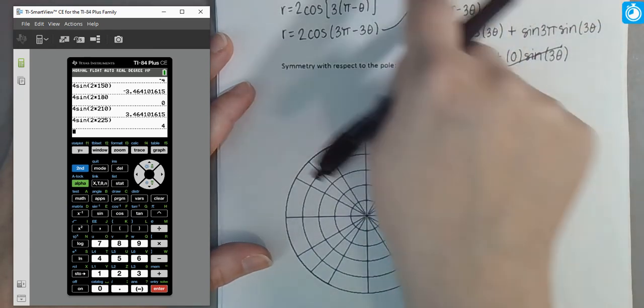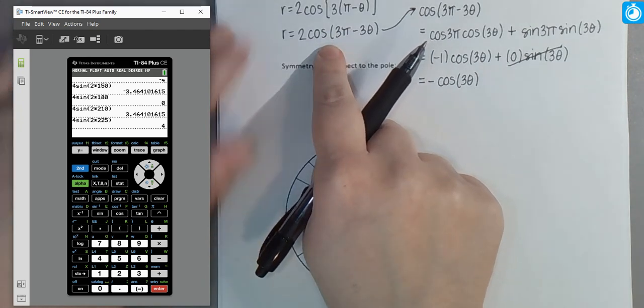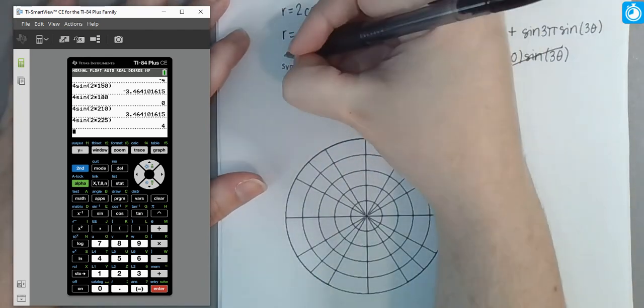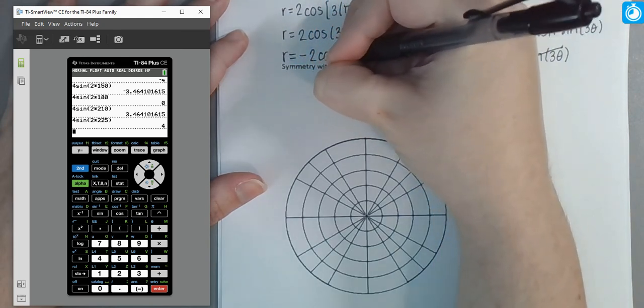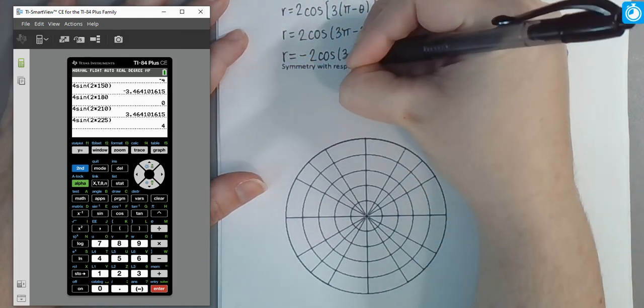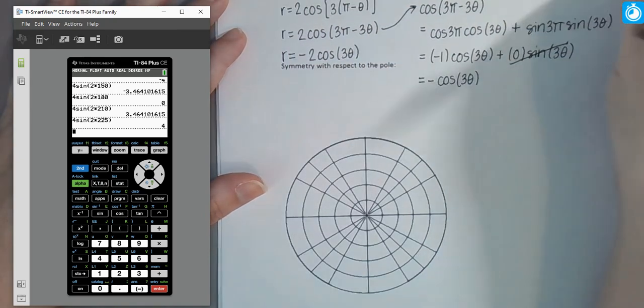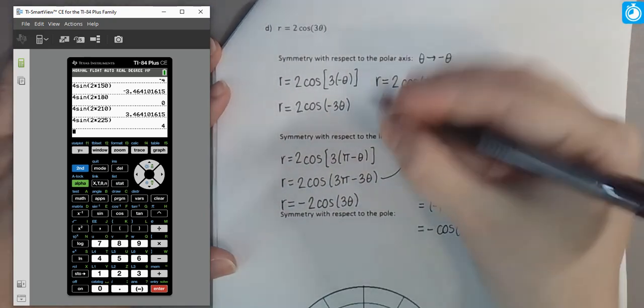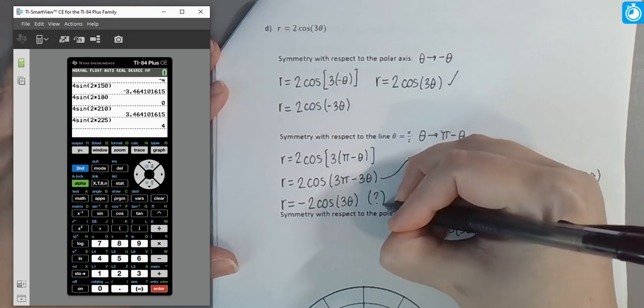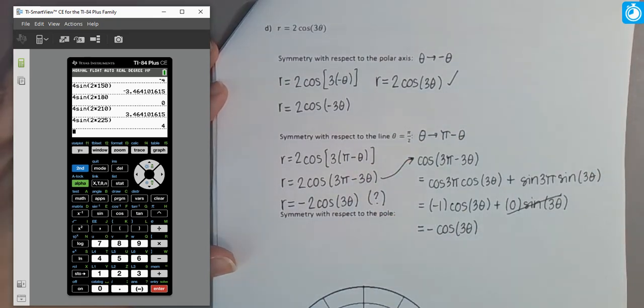If we substitute this back into our actual equation, it makes the whole thing negative. So r is equal to -2 times the cosine of 3 theta. Comparing to our original equation, they do not match.